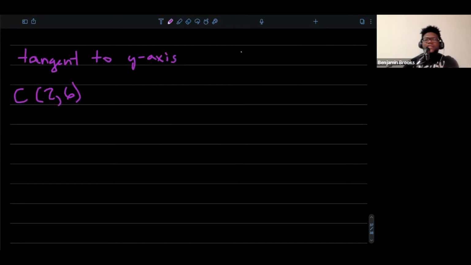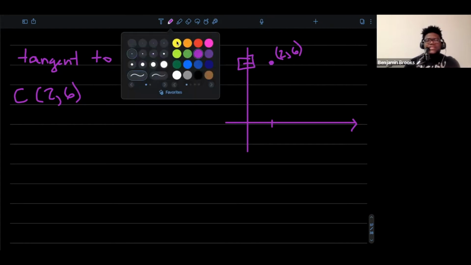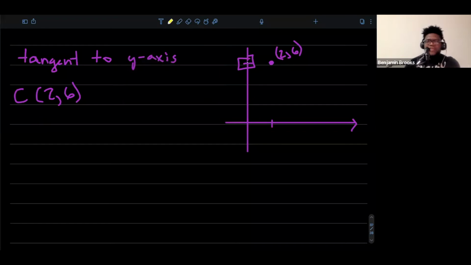So if my center's at (2, 6), and I'm a visual person, so you just have to roll with me. I'm tangent to the y-axis. That means, remember, tangent means touching, but notably touching at only one point.